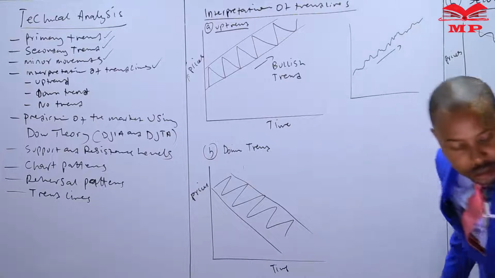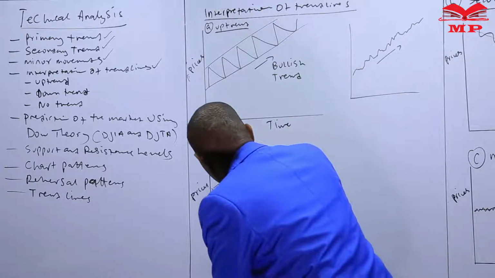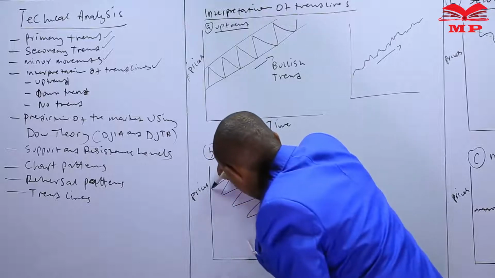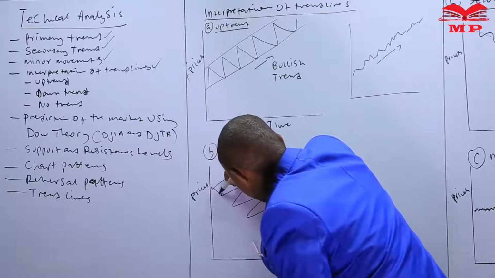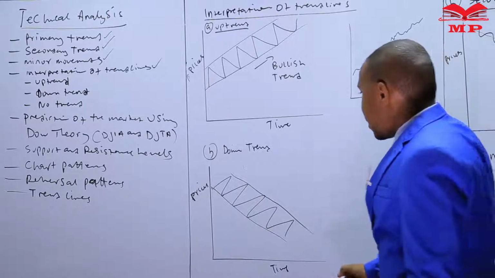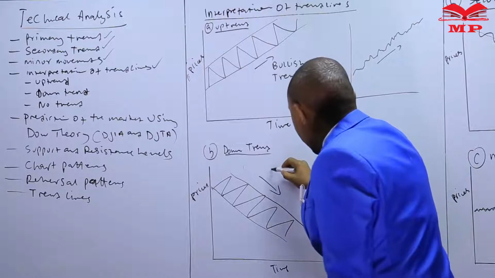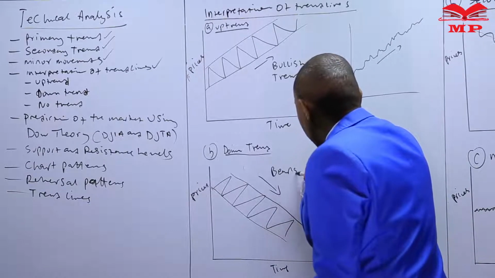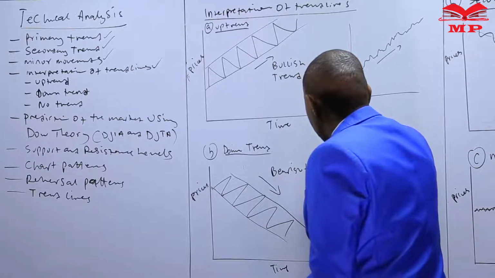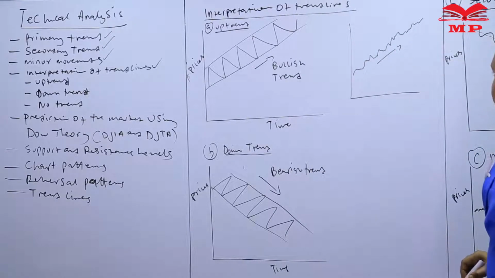That one is not very perfect. It's good to be perfect sometimes, not all the time, but you can try that. So that is a downtrend, what we can call a bearish trend.